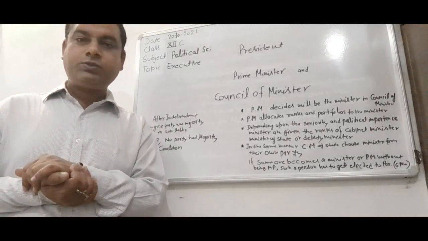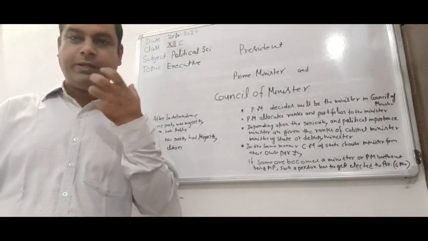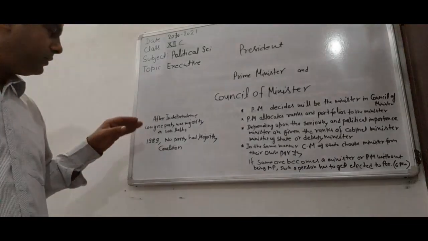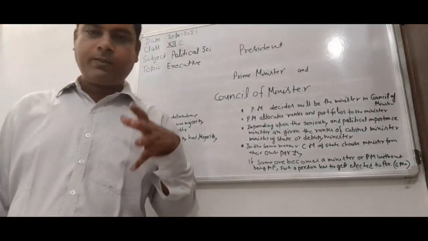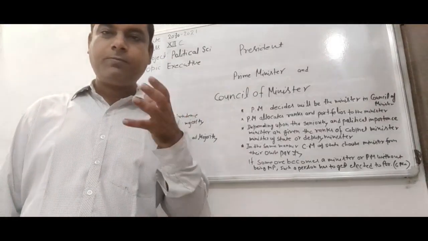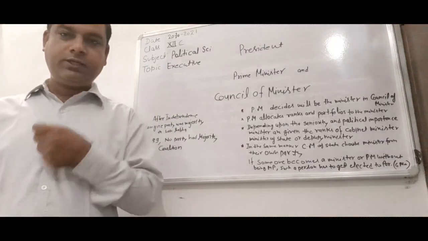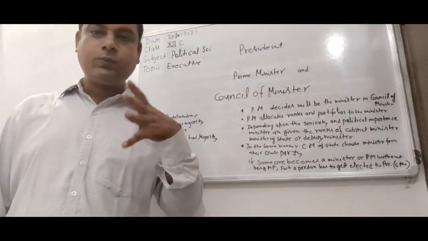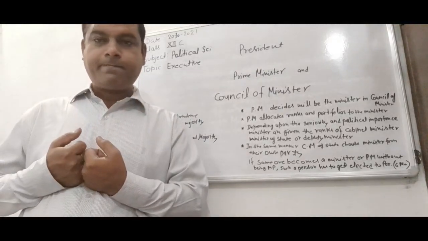So in such a situation the power of the Prime Minister eroded. Before 1989, when the PM came from a majority party like Congress, during the era of Pandit Jawaharlal Nehru and Indira Gandhi, the Prime Minister worked with full power.